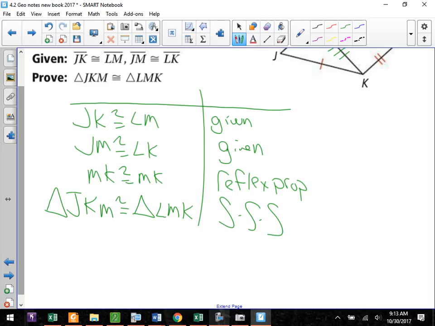Most of the things that we have over the course of these first few days, some people freak out. They're not sure how many steps they're supposed to have. There's really no set number of steps that you're always going to have. Sometimes you'll have, in this case, 4 steps. Sometimes you'll have 8 steps. It really depends upon the diagrams and the information that they give you.